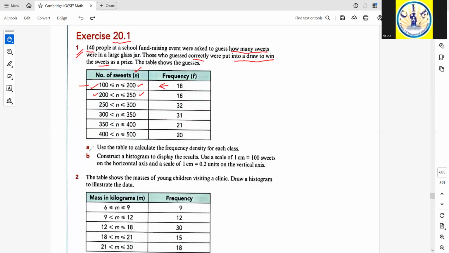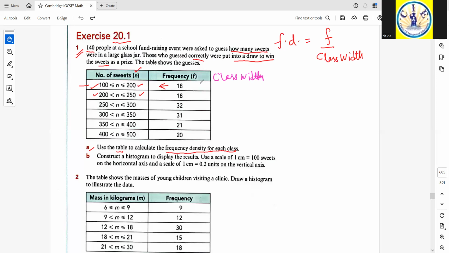Part A says use the table to calculate the frequency density for each class. Since for the frequency density, we know that the formula is frequency divided by the class width. So that means I need to have a class width column.